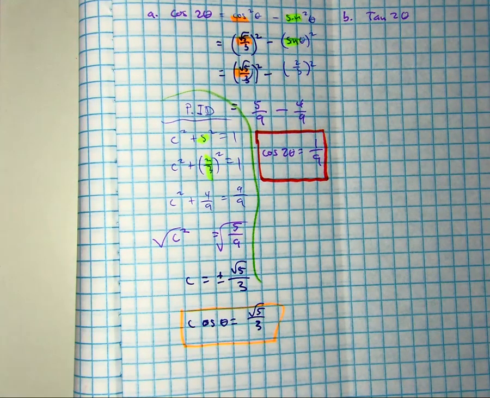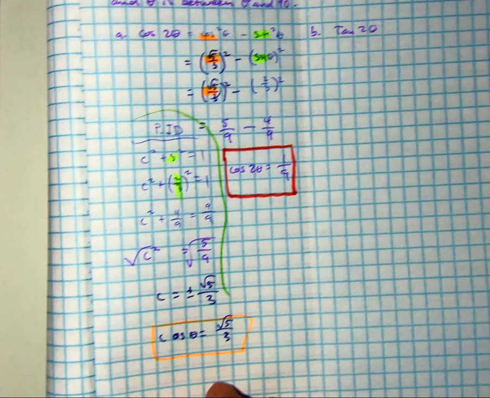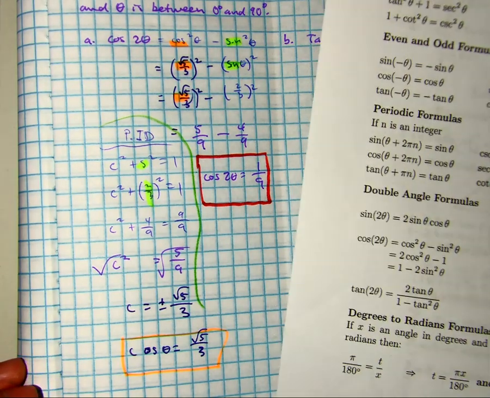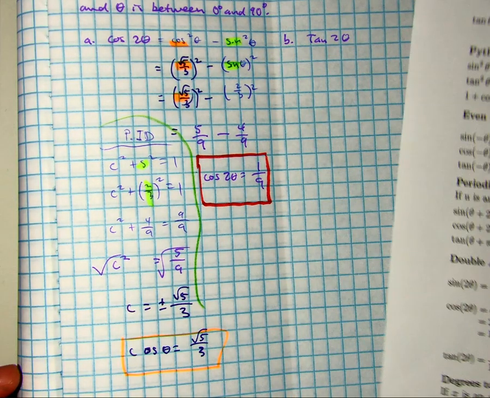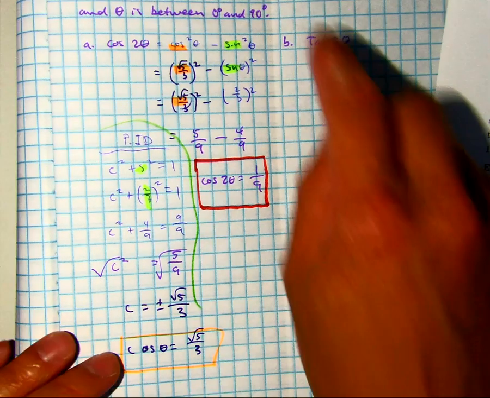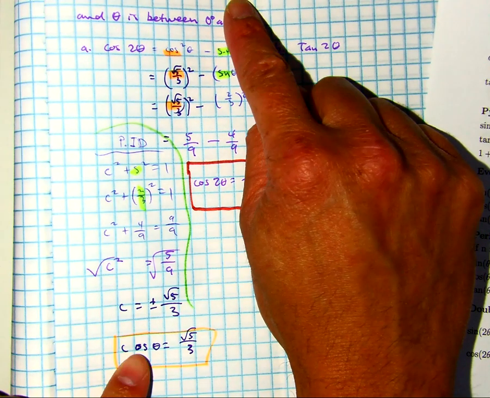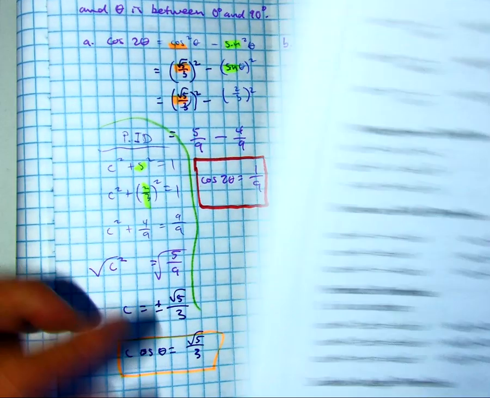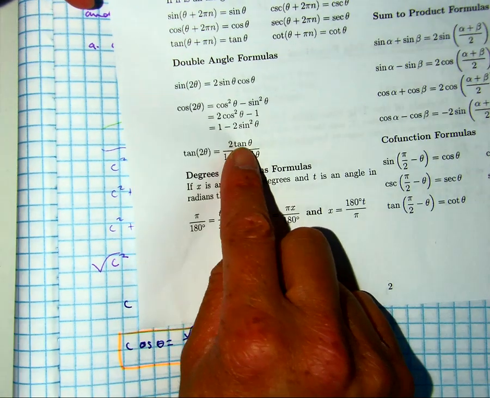And then, how do I find tangent? Now, you could do something like this. I probably would not recommend it. You can use the quotient identity of sine theta over cosine theta gives you tangent of theta. And then you can use tangent of theta inside the double angle identity here and here.